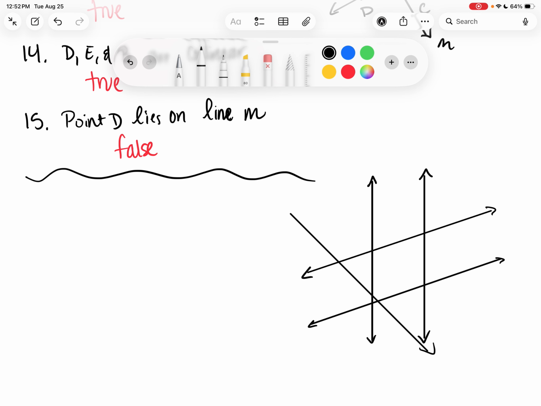Alright, my picture's not exact, but it's close enough. Put the letters on here.